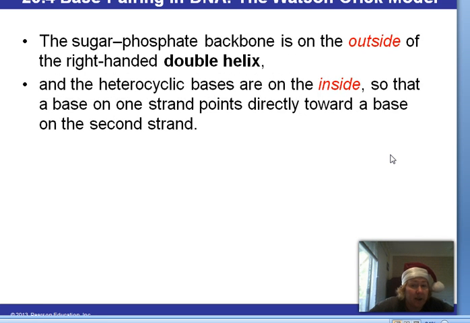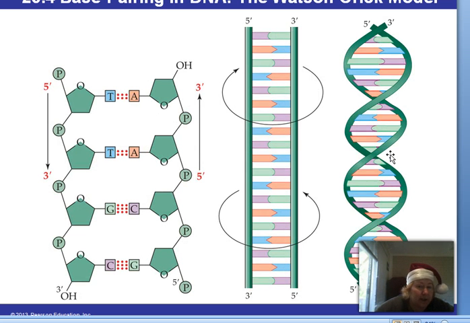The sugar phosphate backbone is on the outside of the right-handed double helix. The heterocyclic bases are on the inside. So a base on one strand points directly towards the other. This is huge. Let's look at this for a second. Remember our little phosphate? Remember our 5' end? Where's the head? Here's the head, because here's the phosphate group, the 5' end.